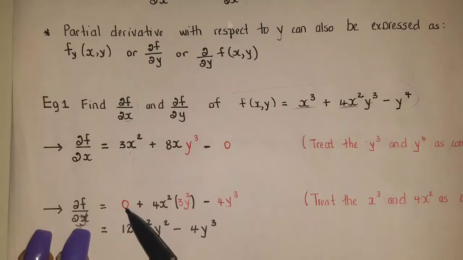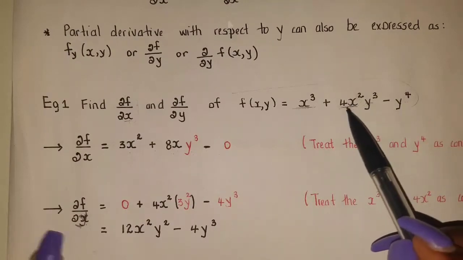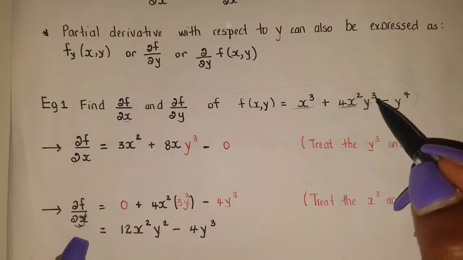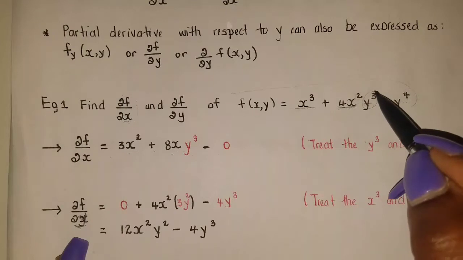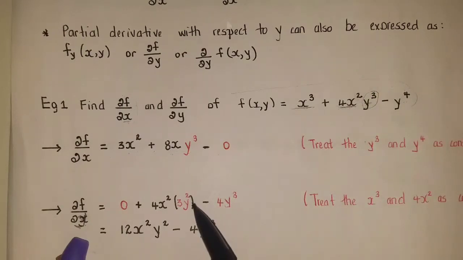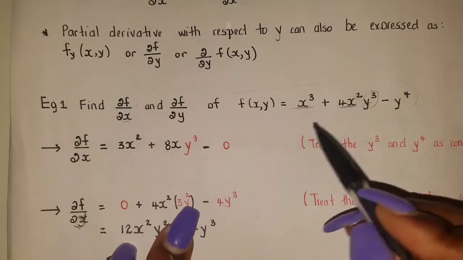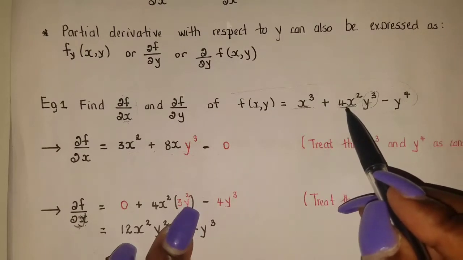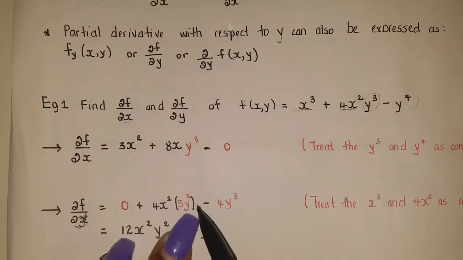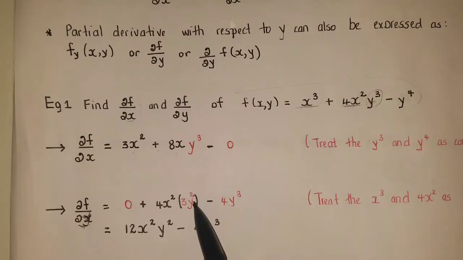Because once more, differentiating a constant gives us a 0. When we go to this part of the function, we will differentiate the y cubed to get 3y squared, and this 4x squared is now acting as a coefficient which we multiply by, as seen below.